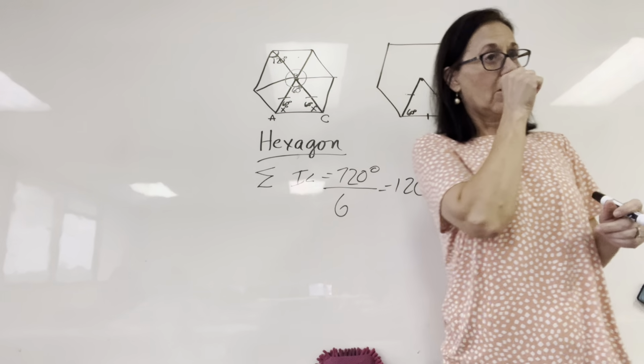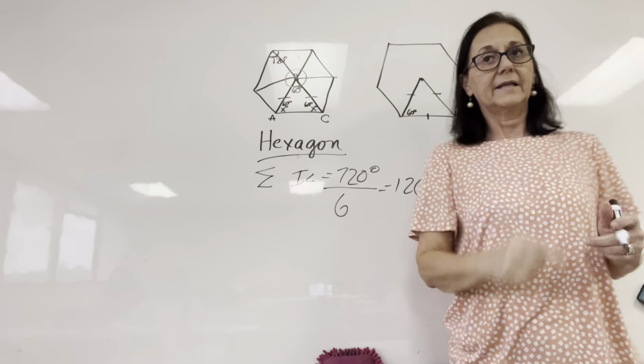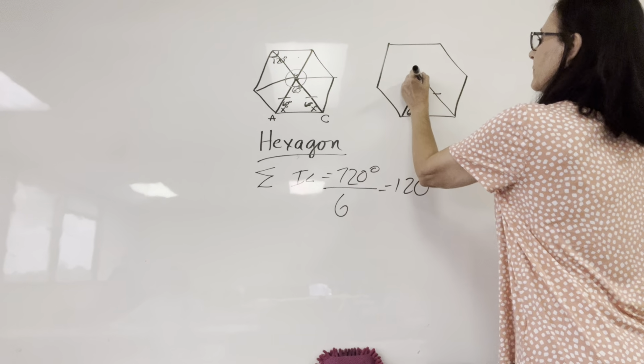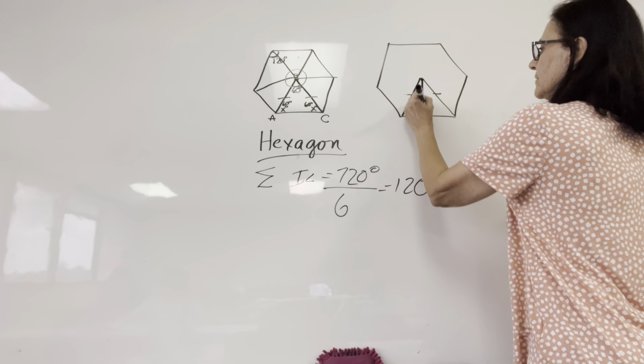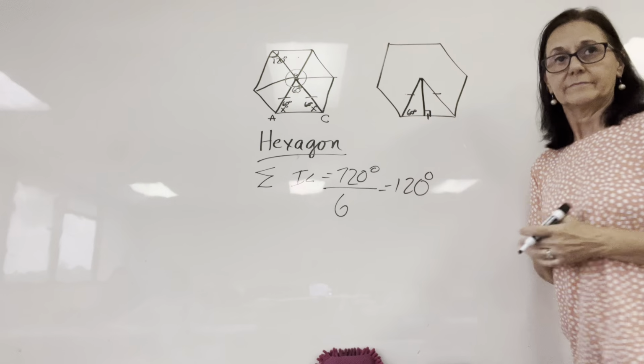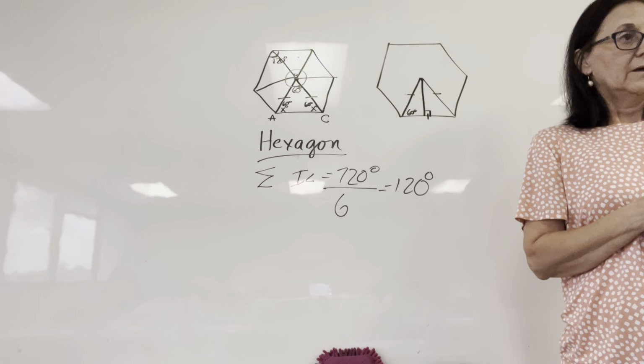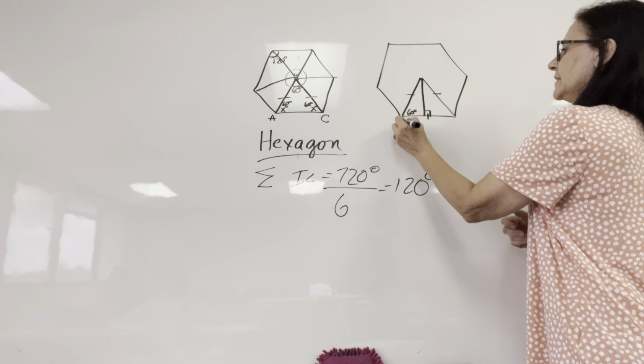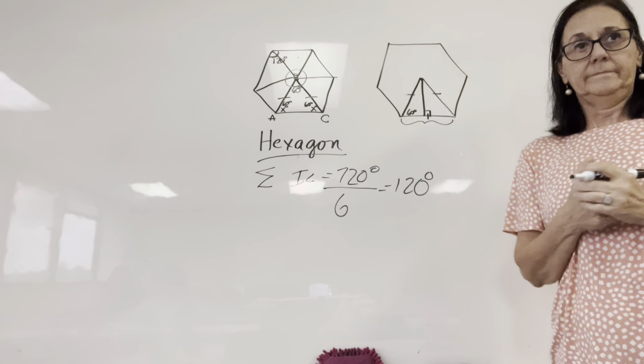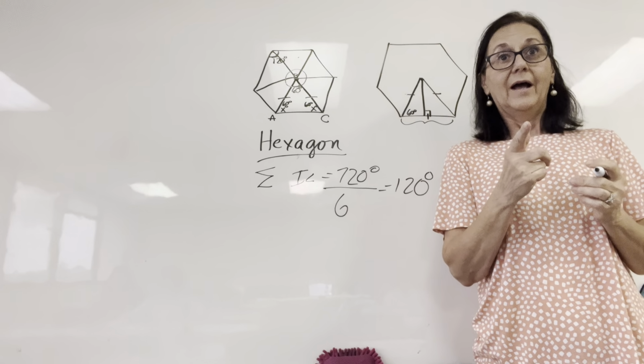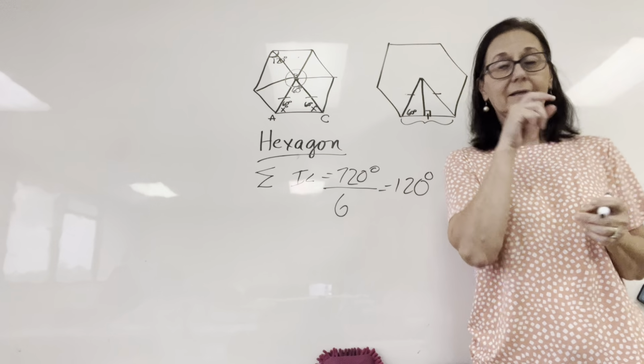Now what if I draw a line from the center perpendicular to the other side? What do I know happens to this side? It bisects it, that's correct.